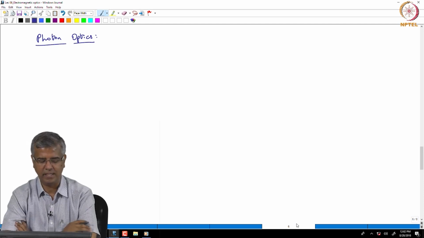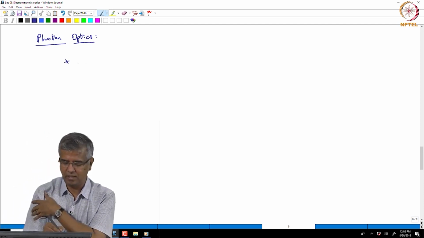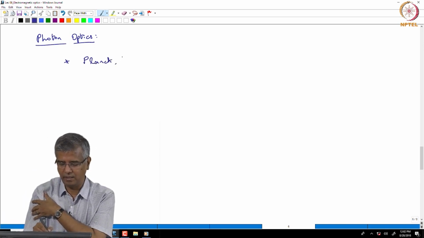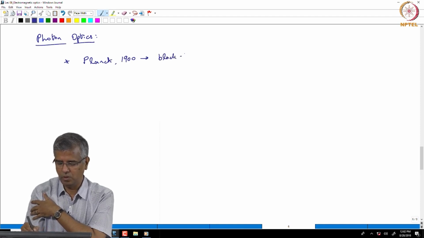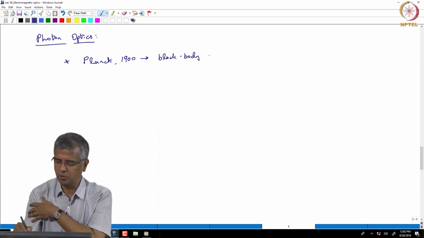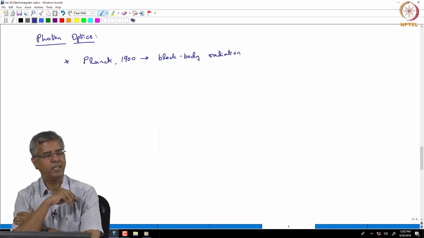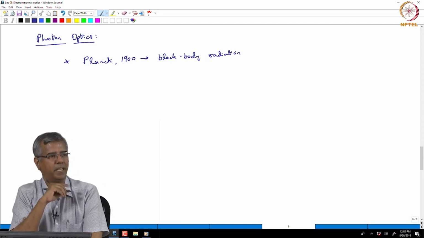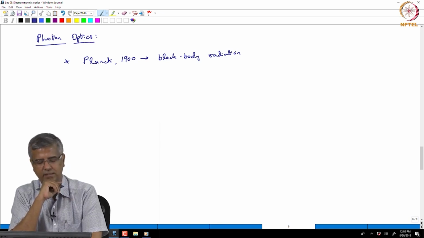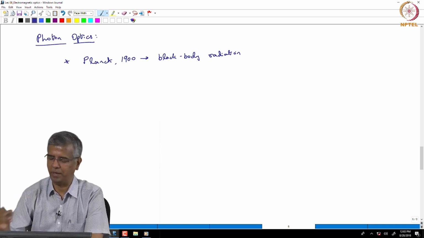So, Planck was actually looking at black body radiation, and around 1900, when he was trying to explain it, he figured that this black body radiation must be coming out as quantized electromagnetic waves.